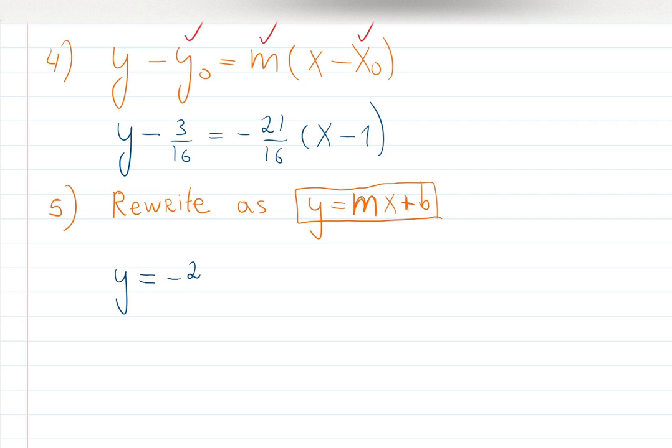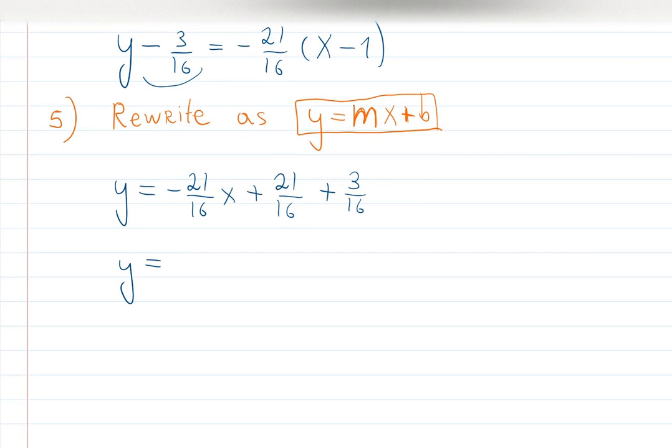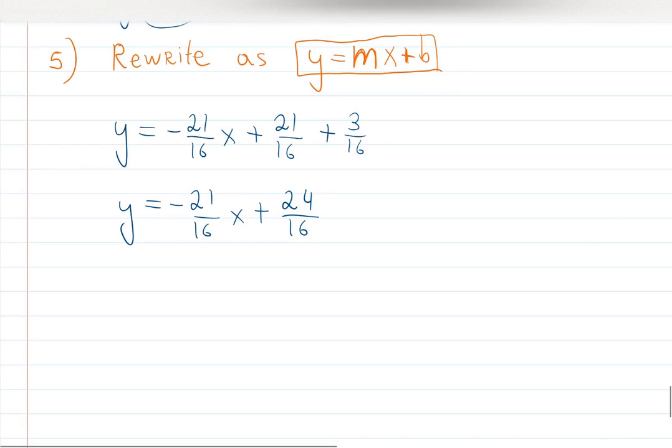Y equals negative 21 over 16x, positive 21 over 16x, moving this part to the right hand side, negative 3 over 16 becomes positive 3 over 16. Y equals negative 21 over 16x plus 24 over 16. Not too bad. Can we simplify that?